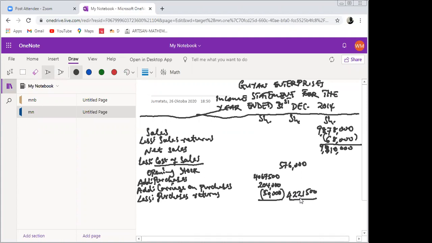This is now the value of the purchases. You add it to the opening stock so that we can get the cost of goods available.